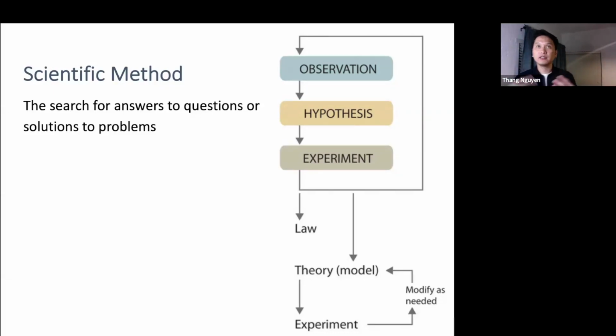Then you can create some kind of conclusion, and that conclusion is either stated in a law or in a theory, and then of course that theory can also be fine-tuned with further experiments, and then maybe modified or not, right? So that's basically the scientific method, and I'll go into detail on each one of these.